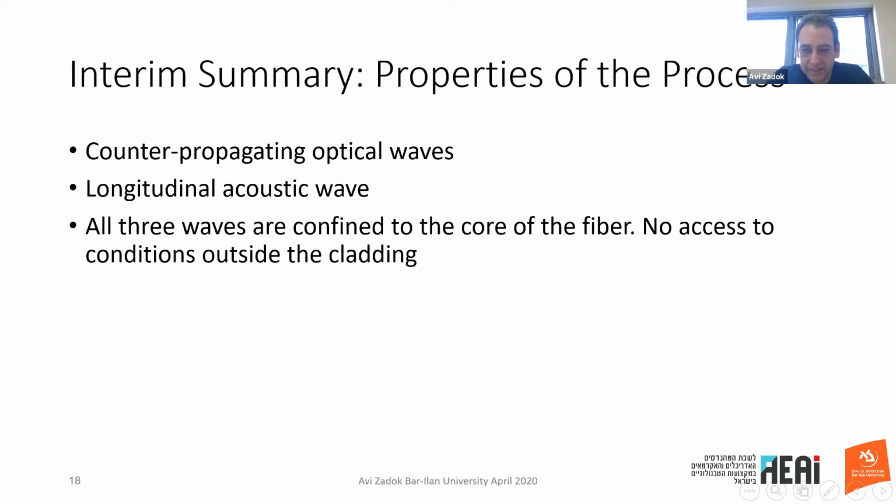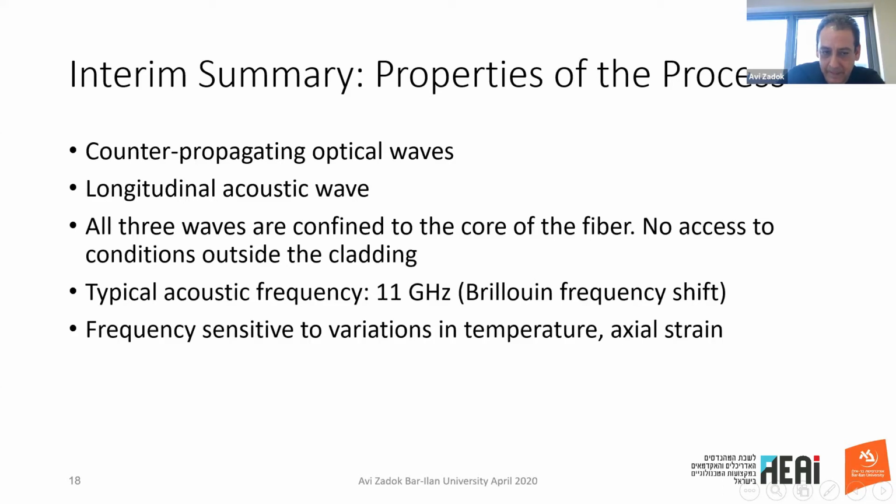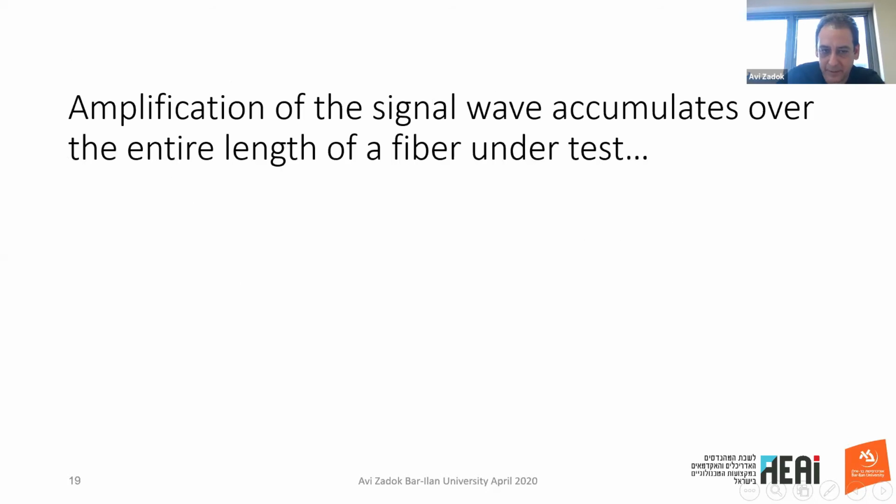All the three waves involved, optical pump, optical signal, and acoustic wave, are all confined to the inner core of the fiber, which means we do not access the outside of the fiber in any other way, and I will revisit that property later on. The typical acoustic frequency we're speaking of is 11 gigahertz, and that frequency is sensitive to variations in temperature and strain.